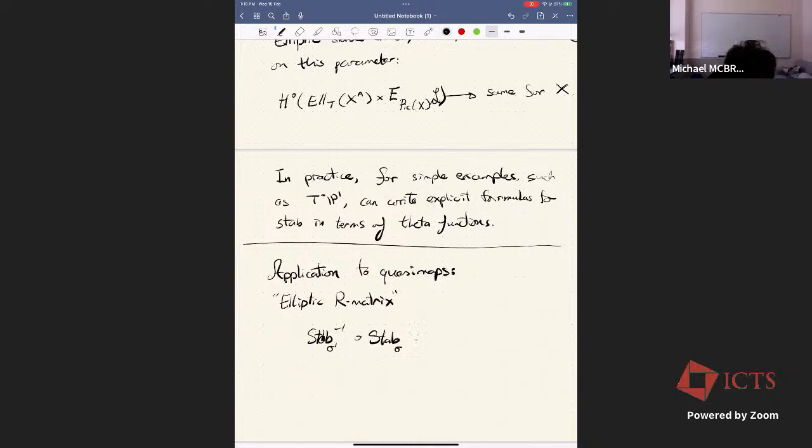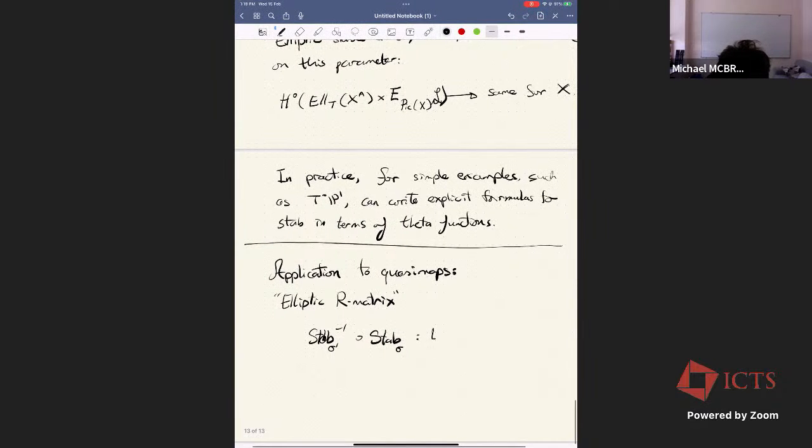So this goes from, let's say, the elliptic homology of the fixed point scheme to itself, like this, possibly localized.